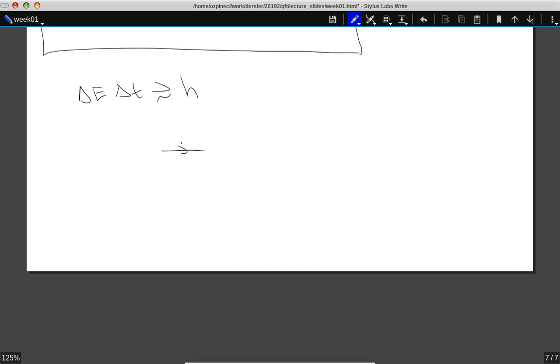For example, in particle physics, we are looking at processes in which an electron comes in, emits a W boson, and becomes a neutrino. At the same time, a proton comes and becomes a neutron. Sorry.